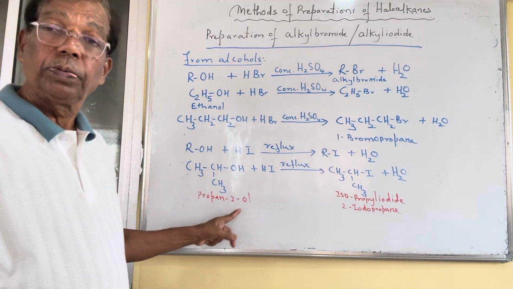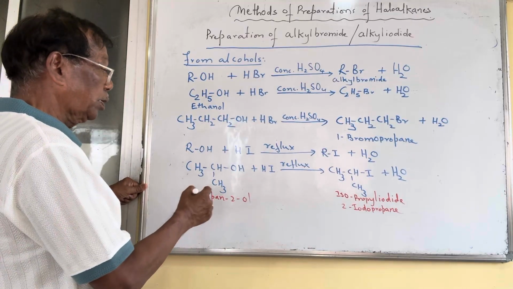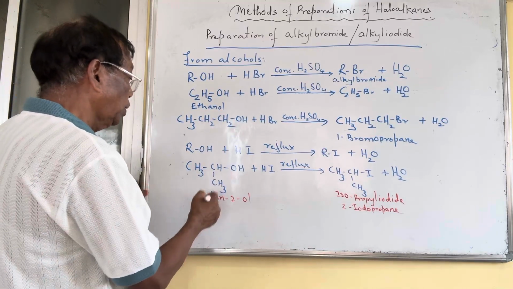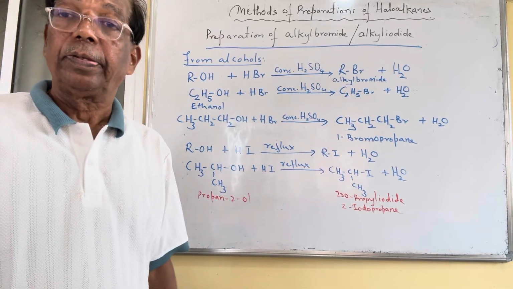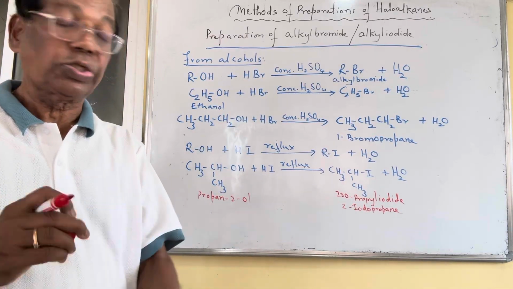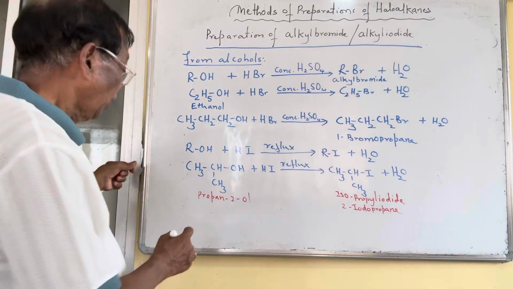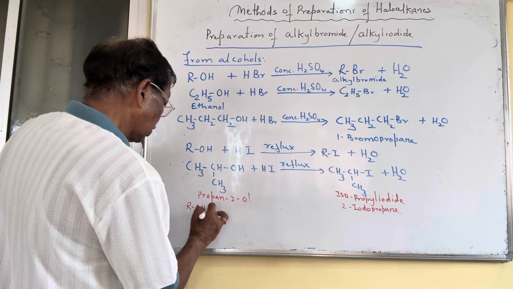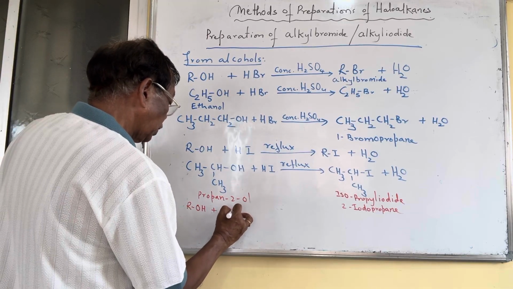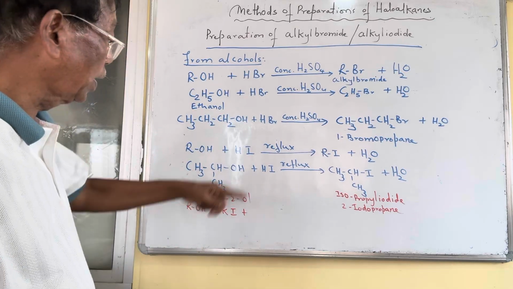Then suppose I take another method. If I want to prepare alkyl iodide, you can generate that HI during the reaction. So what is done? If you take alcohol, I'll write the general equation: ROH, heat this with KI, potassium iodide. Don't use HI directly.